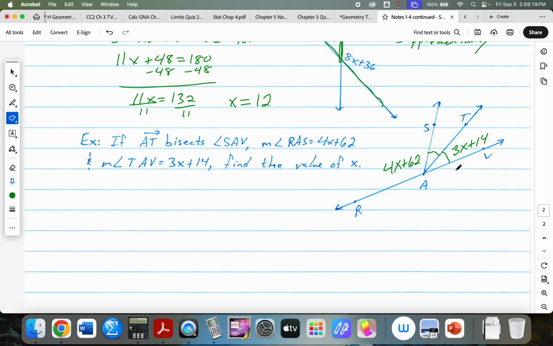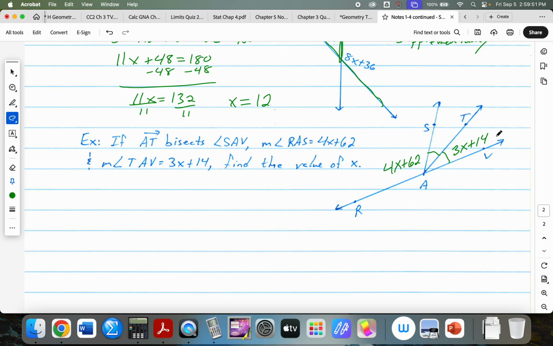My question first is, why aren't RAS and TAV a linear pair?